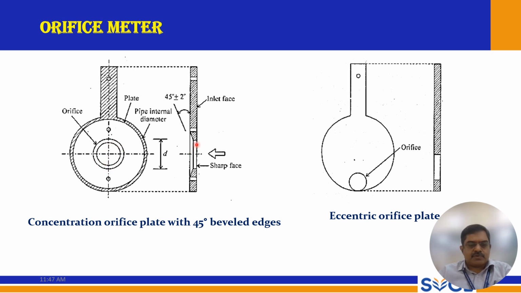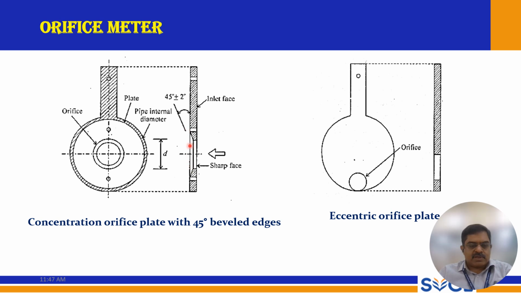In its side view, you can see this is a 45-degree plus or minus 2-degree inclination slant shape, just like a conical shape, and then you have a continuous hole here, and when the flow is coming inside, it passes through this orifice meter.